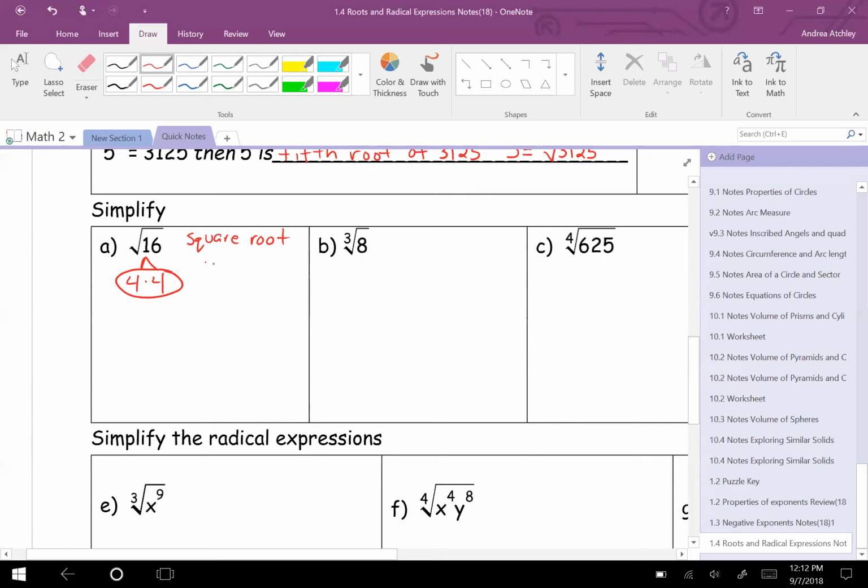So this time you just need 2 of a kind. I already have 2 of a kind, so I don't need to go any further. Okay. So 4 is the square root of 16. Any questions over that?